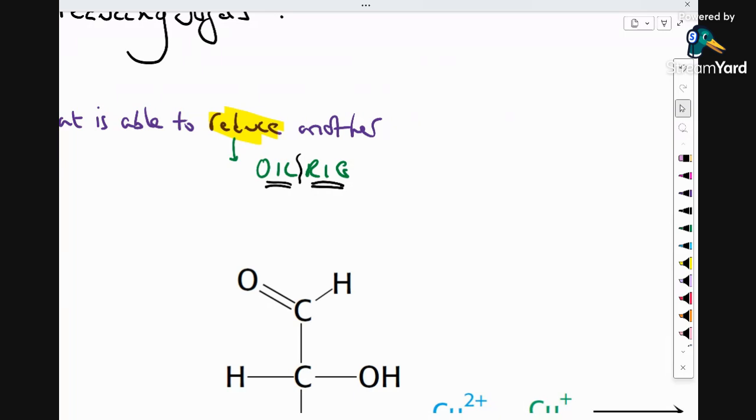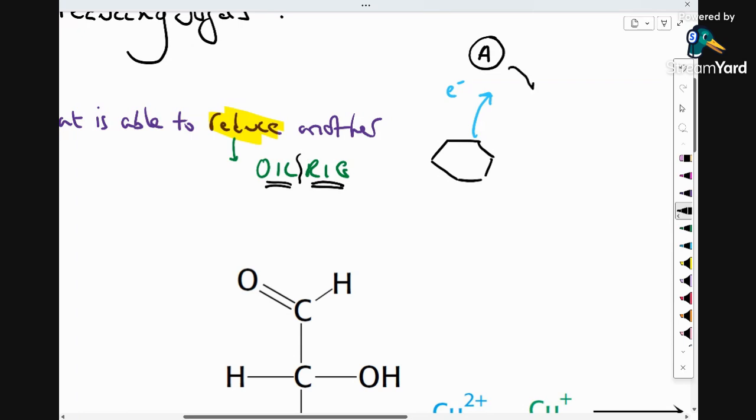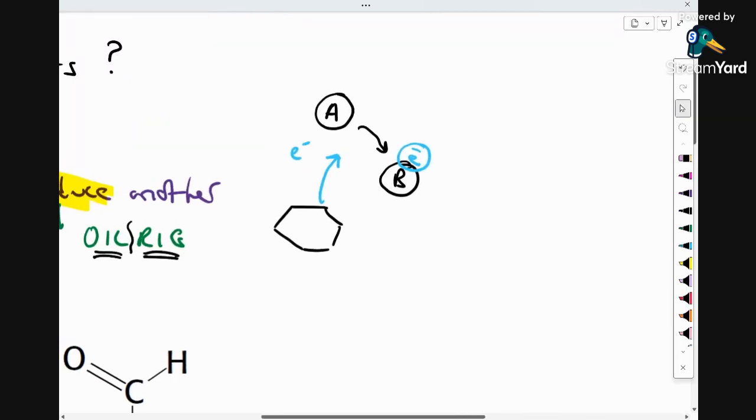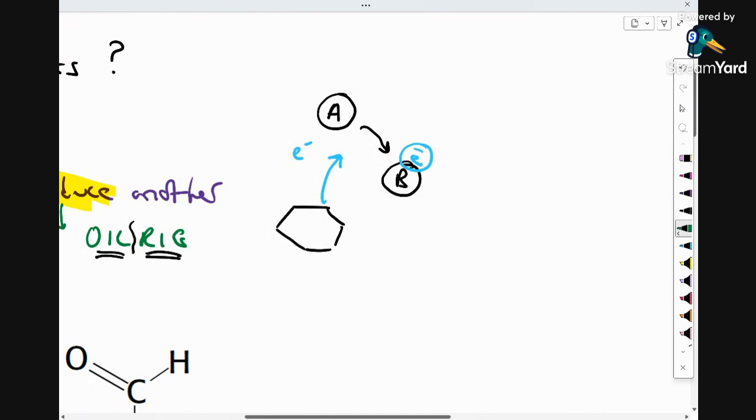So essentially, if we have our carbohydrates, let's say it's glucose in this case, if it is a reducing sugar, which glucose is, it can give electrons to another compound. Here we'll just call it compound A. And compound A gains the electrons and becomes compound B. So the electrons are sort of stuck on it like that. And therefore, in this diagram, we can see that glucose has lost electrons.